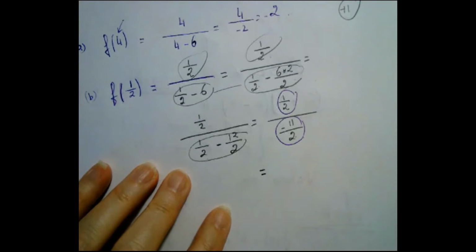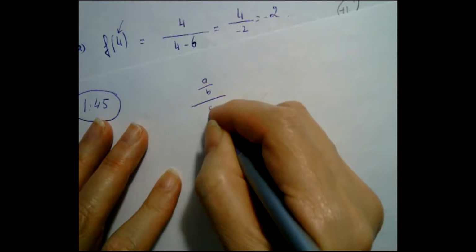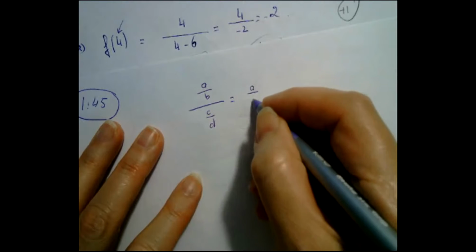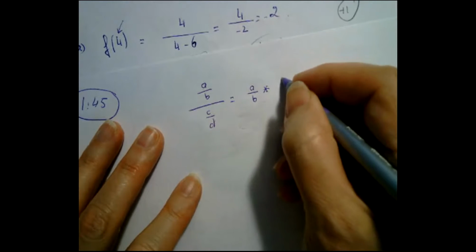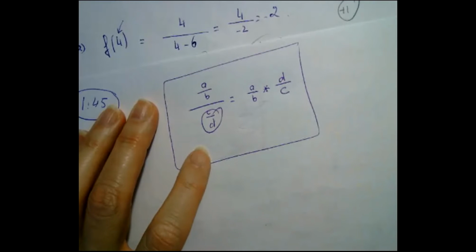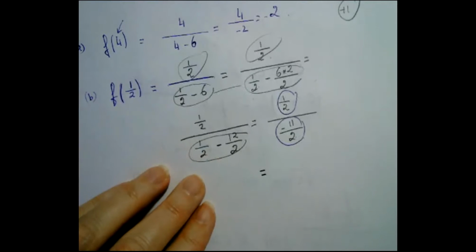Don't you just subtract? No. Remember, if you have a fraction a over b, divided by another one, it's equal to what? Don't you multiply? Right, you multiply by the reciprocal of the denominator. Put this rule clearly in front of you. So how are we going to apply it here?